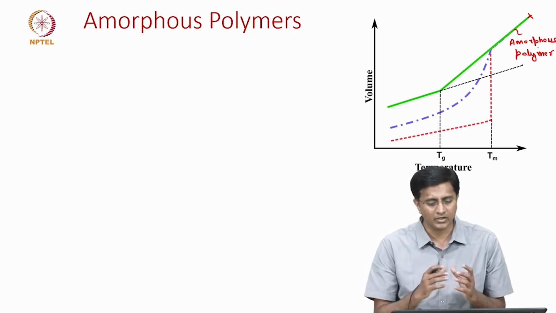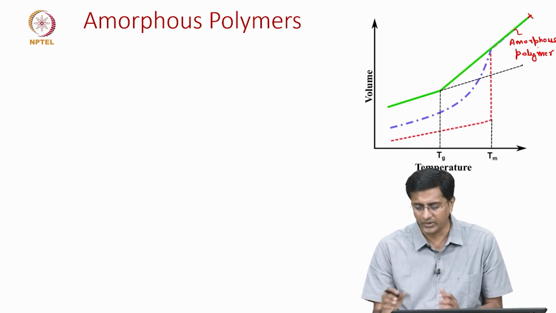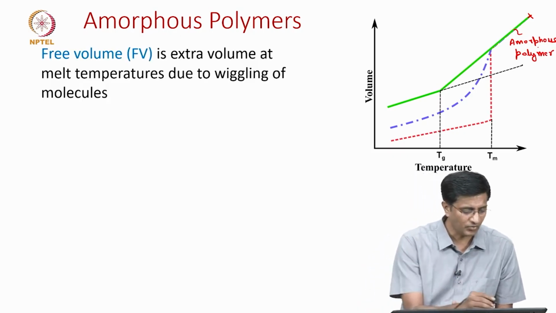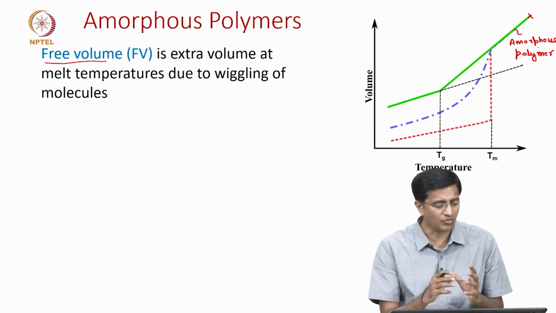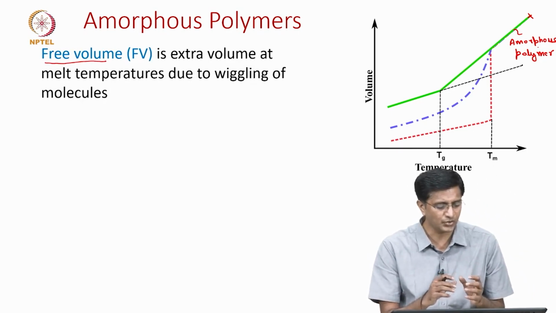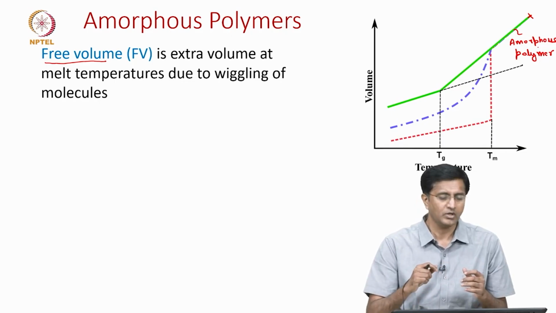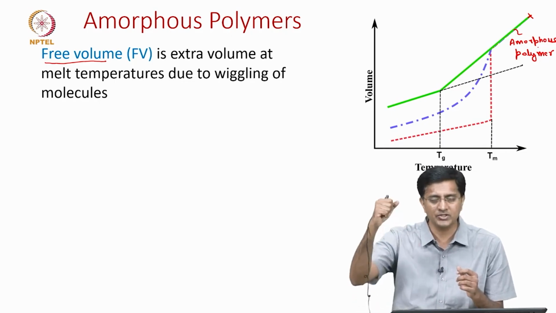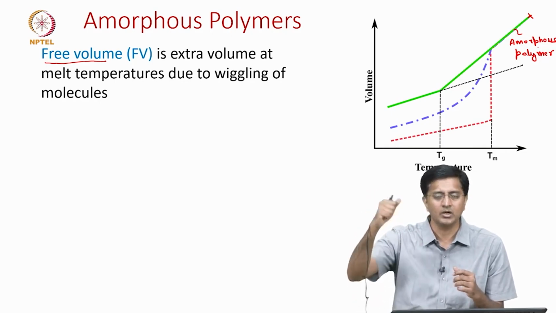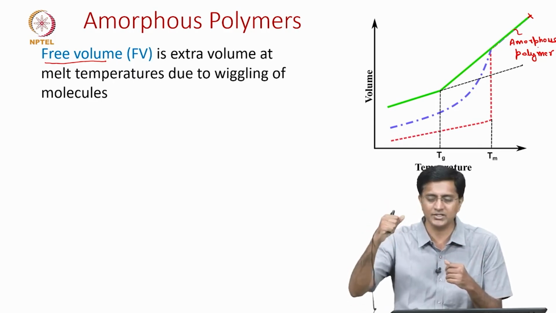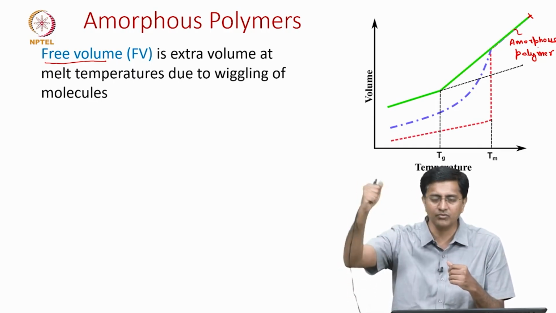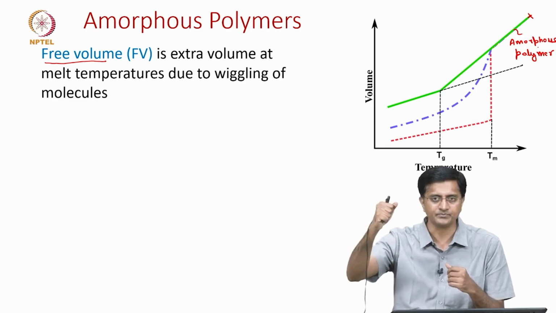So, we need a concept to explain how it behaves, which is the free volume. What is free volume? It is the extra volume at melt temperatures due to wiggling of molecules. As previously mentioned, at high temperatures these molecular chains have high thermal energy, so they are wiggling by large amounts.